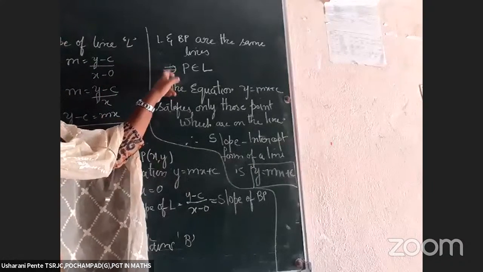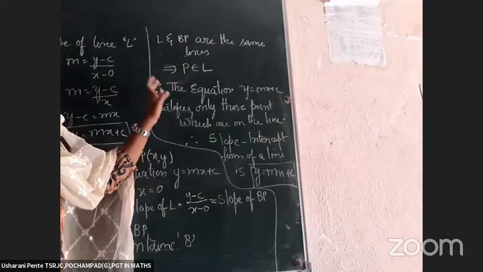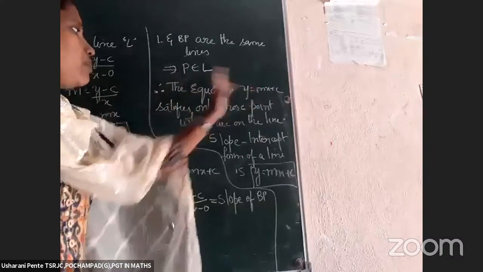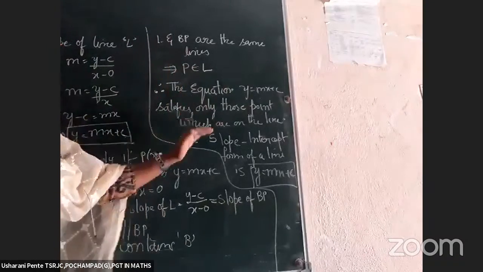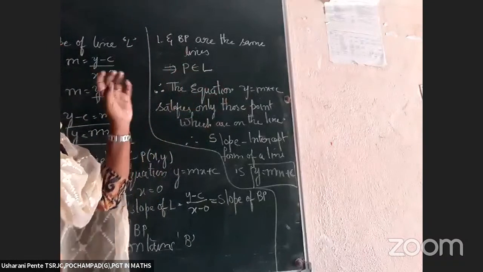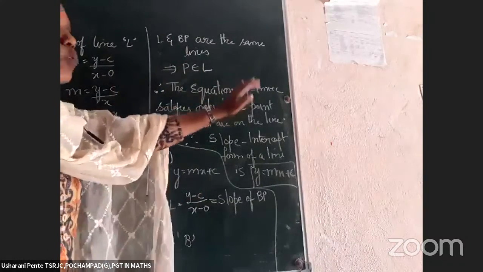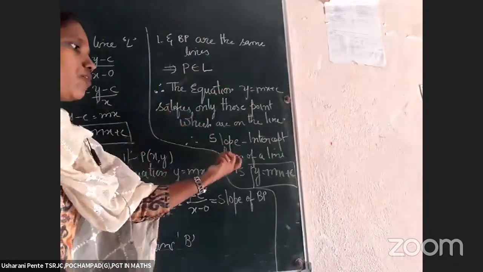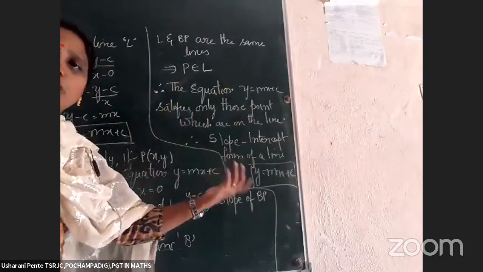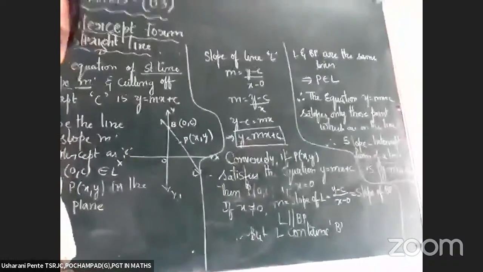Therefore, P belongs to L, and the equation y is equal to mx plus c satisfies only those points which are on the line. Therefore, the slope-intercept form of a line is y is equal to mx plus c.